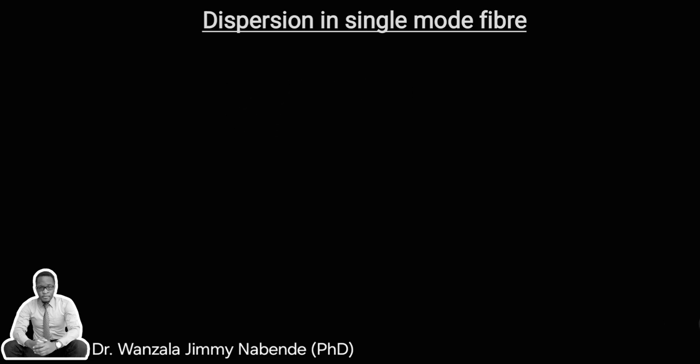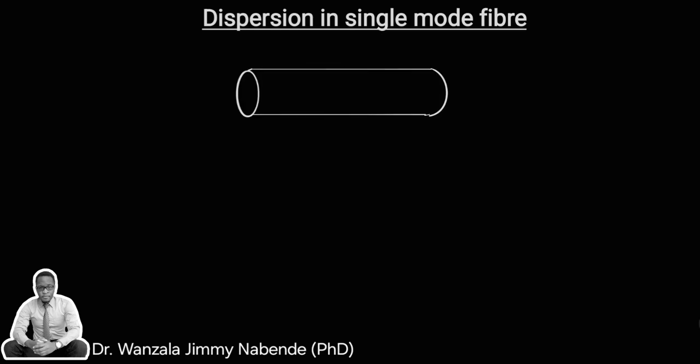And single mode, first of all, let's define dispersion. Dispersion is the broadening of transmission signal light pulses as it passes through a media. Let's take this to be our fiber optic.